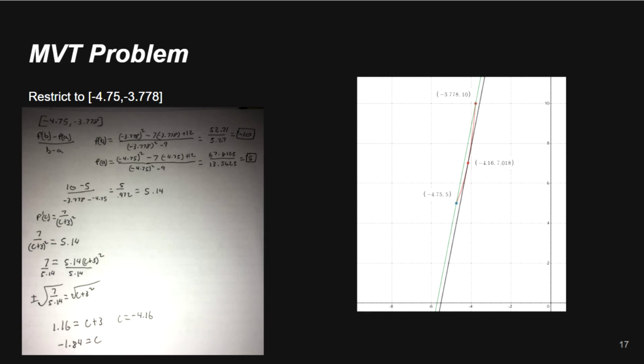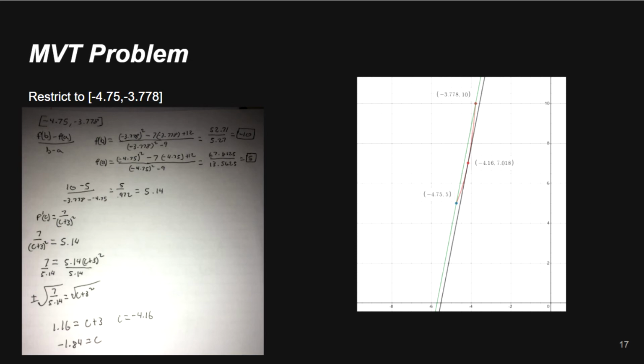So, what we do now is we want to solve for r prime of c. And the way we do that is by just finding f of b minus f of a over b minus a, and we find f of b, which gives us 10, and we find f of a, which gives us 5. And then we just plug all the numbers into the equation, giving us 5.14, and then from there, we set the derivative of our original function equal to 5.14.